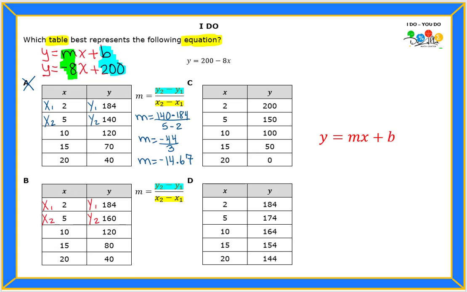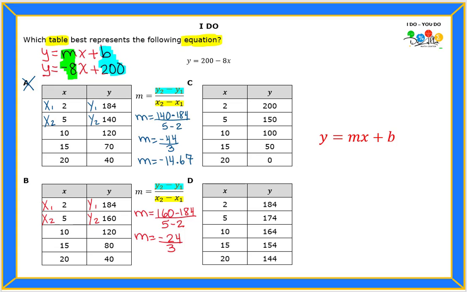Now we're going to replace the values. So y sub 2 is 160 minus 184 over 5 minus 2. Let's subtract, and I get negative 24 over 3.